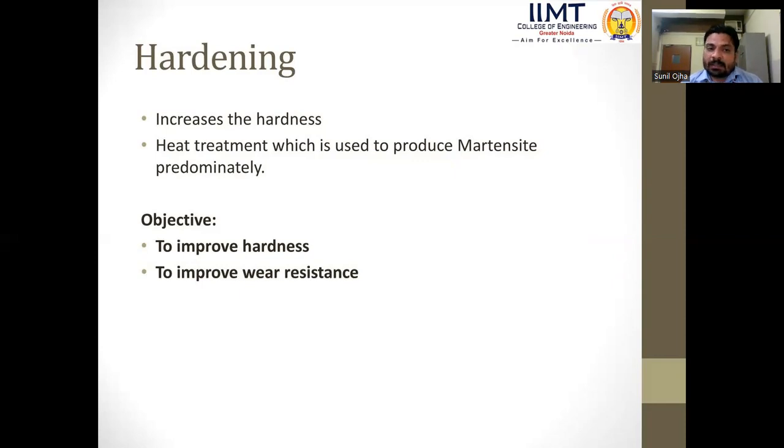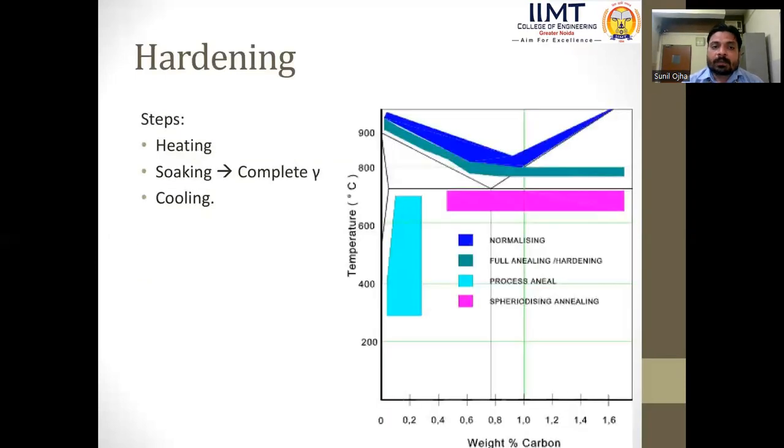The objective is to improve the hardness and the wear resistance, so parts that require wear resistant properties need the hardening process. Steps in the hardening process are heating, soaking, and rapidly cooling the material.